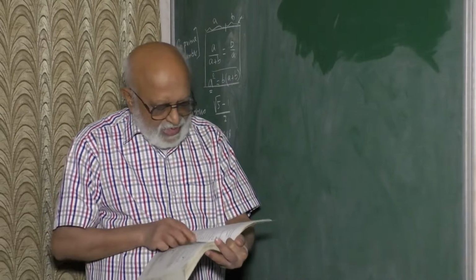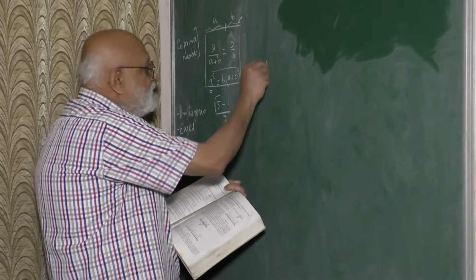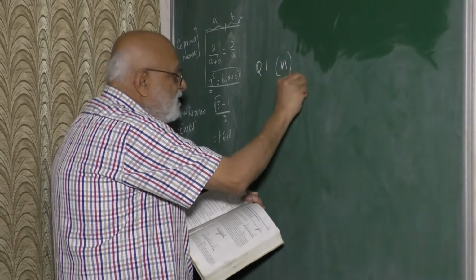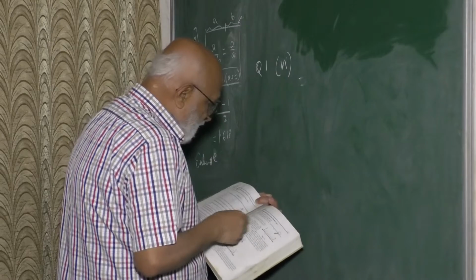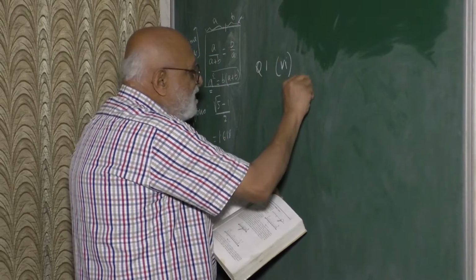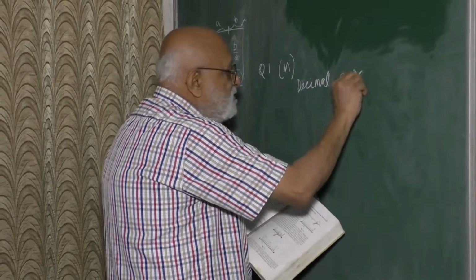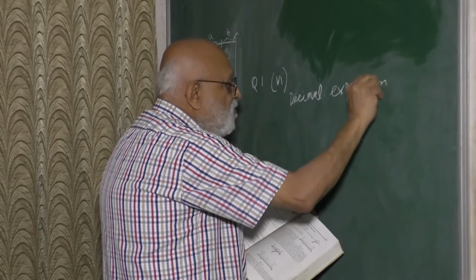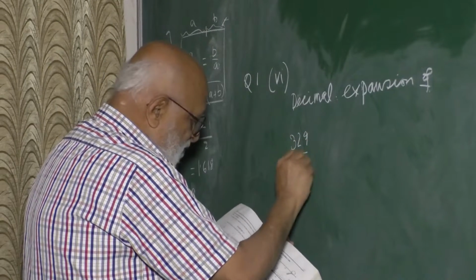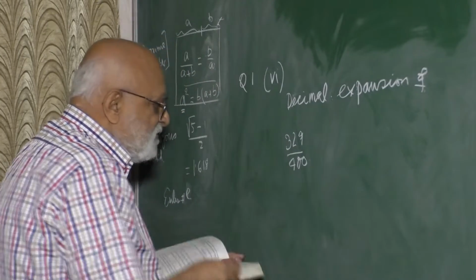The one that we have not done the other time is question number 1, and that is number 6, and that one consists of decimal expansion of 329 by 400.